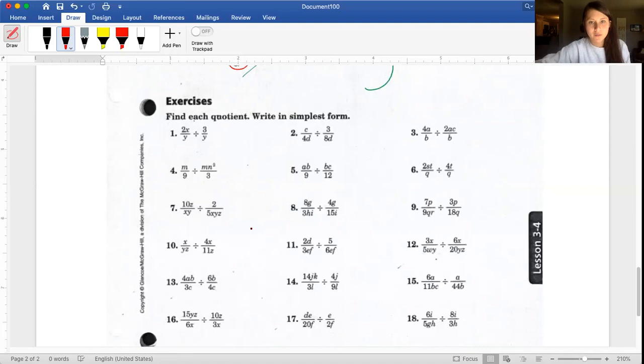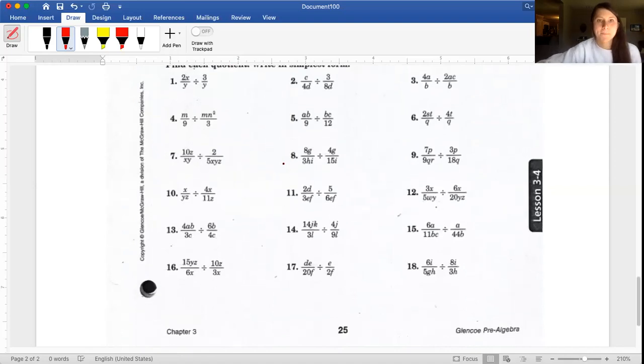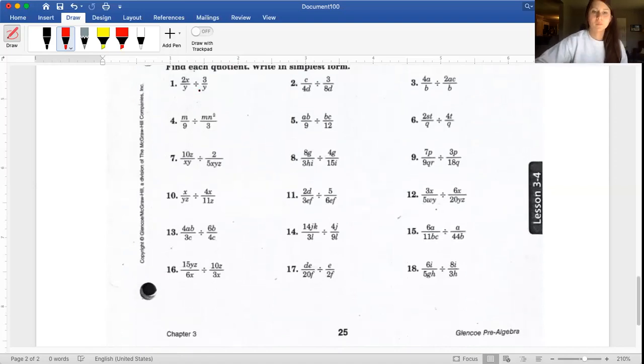Okay, so let's take a look at a few of these. I've got 2x over y divided by 3 over y. So when I write this out, I have 2x over y times y over 3. Because I've got y and y, those can cancel. Now I'm left with 2x over 3. Okay, let's try number 2.